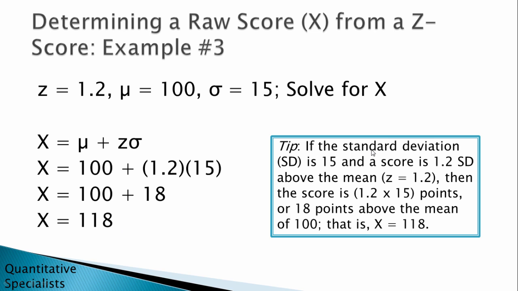And we can see here if the standard deviation is 15, and a score is 1.2 standard deviations above the mean, or in other words, z is 1.2, then the score is 1.2 times 15 points, or 18 points above the mean of 100. That is, the score should be 118.